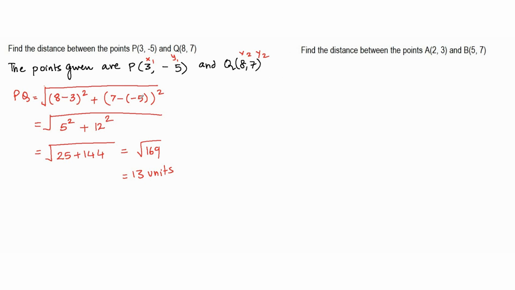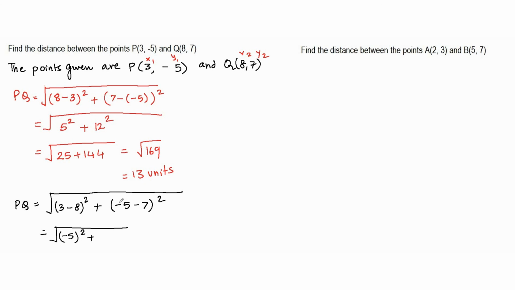Now over here, you could have also taken it as 3 minus 8. So suppose you decide to find the difference between P and Q, that is also acceptable. So let us solve it with that method. So it would be 3 minus 8 the whole square, plus minus 5 minus 7 the whole square, and that is going to be under root of 3 minus 8 is negative 5.